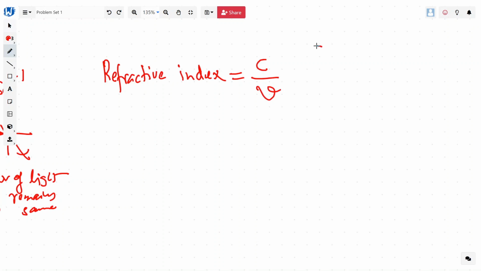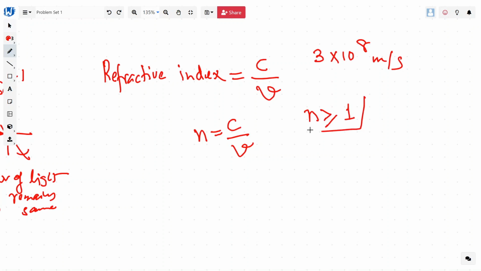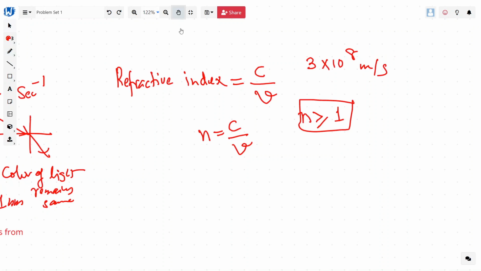So c is usually 3 into 10 to the power 8 meters per second, that we know, and we know that the velocity of light in vacuum is the maximum, so n has to be always greater than or equal to 1. Okay, so with this background, we'll start solving a few problems and see how we can learn from them.